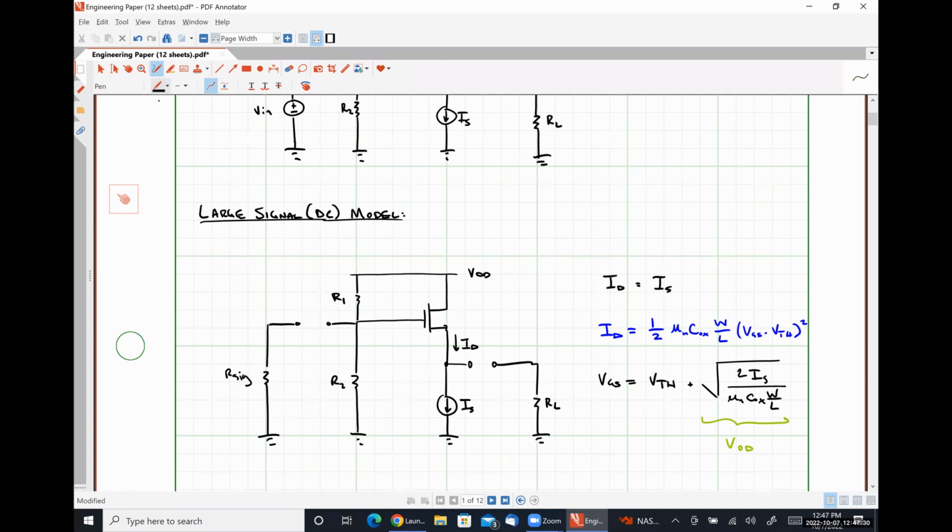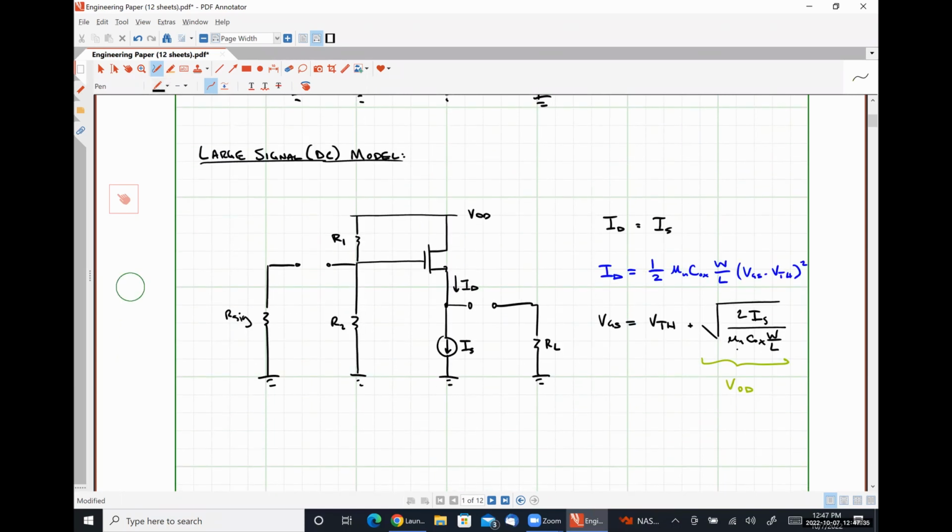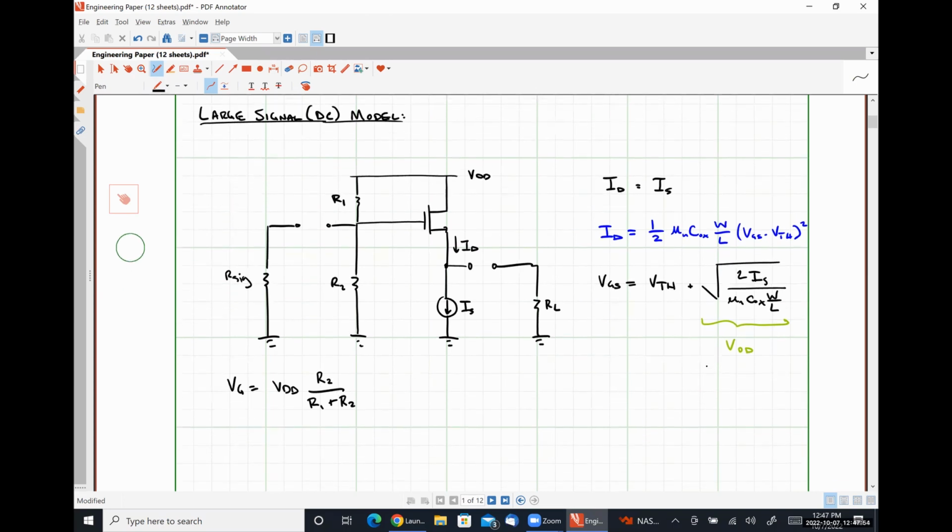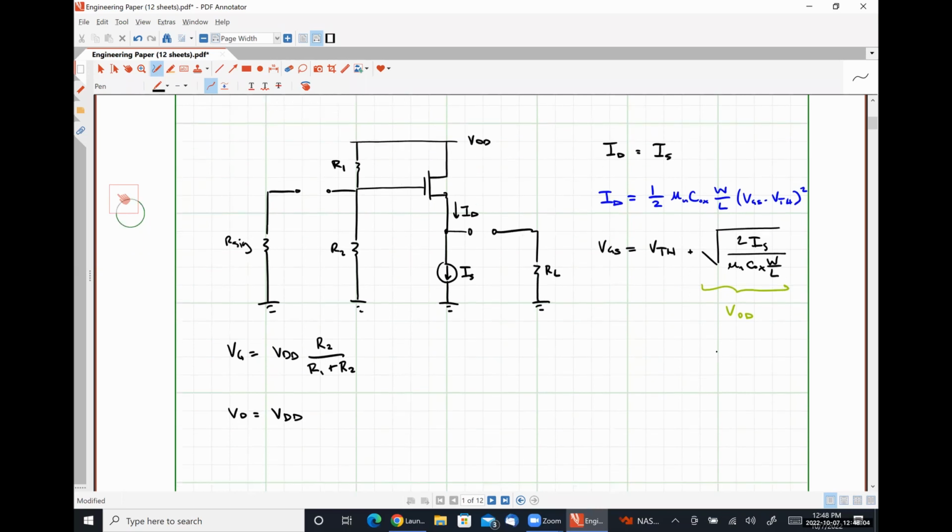So we can say that our gate voltage VG is still just going to be the ratio of VDD multiplied by R2 over R1 plus R2. Our drain voltage VD is obviously just our power supply voltage VDD.